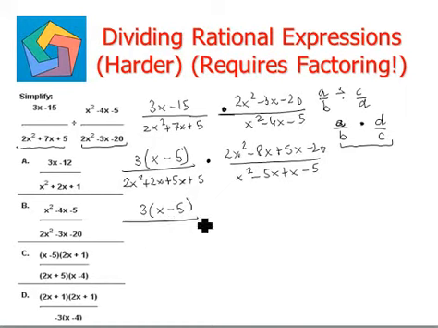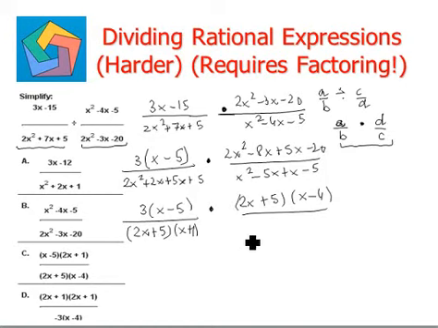In the denominator we can club this as 2x plus 5 times x plus 1. Over here the second denominator turns out to be 2x plus 5 times x minus 4, and the denominator is x minus 5 times x plus 1.